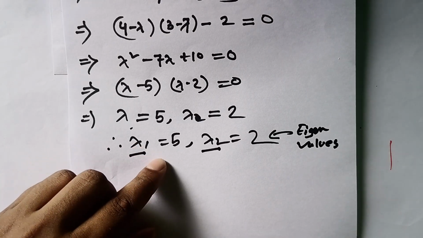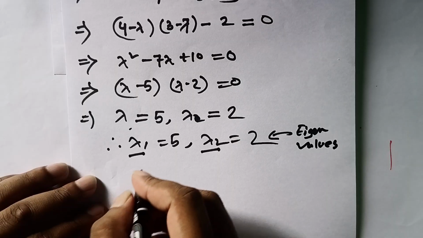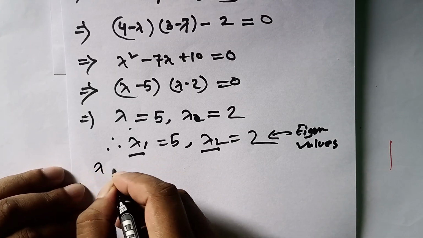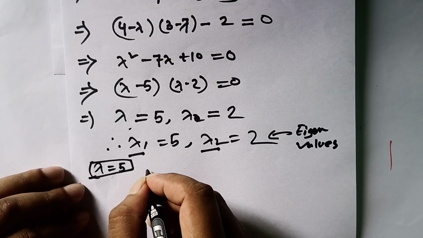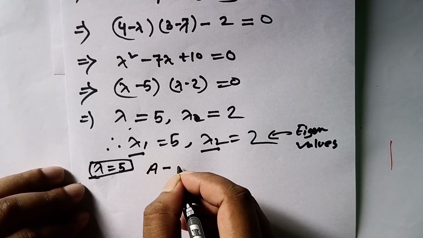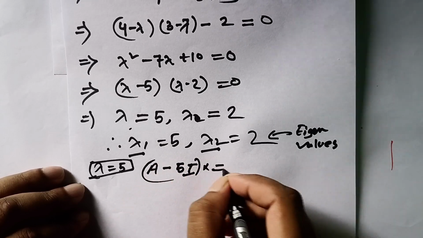From each eigenvalue, now we will find the eigenvector. First of all, when lambda is equal to 5, we will solve (A minus 5I) x is equal to 0.